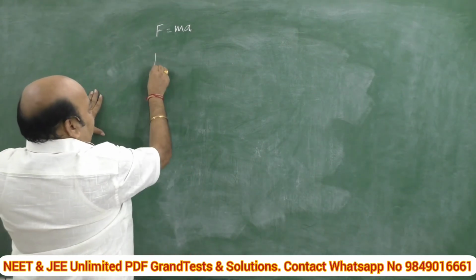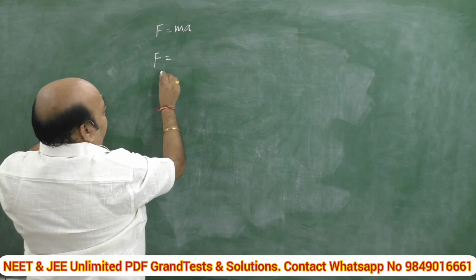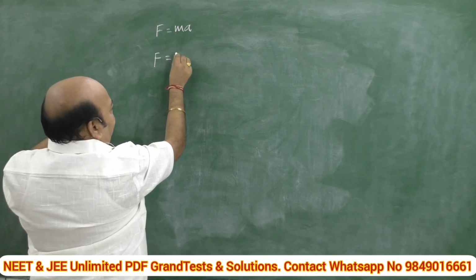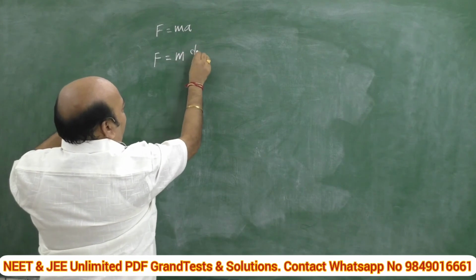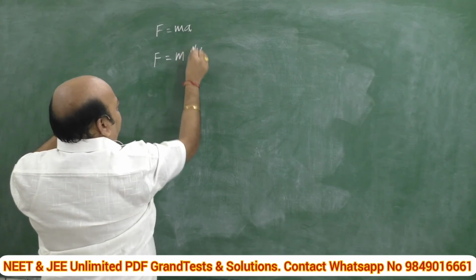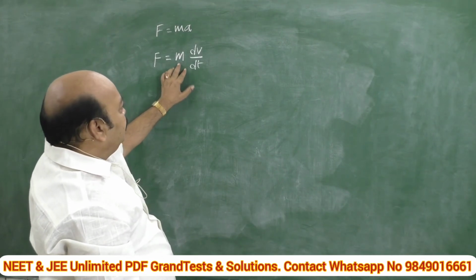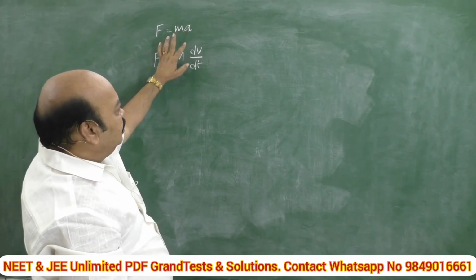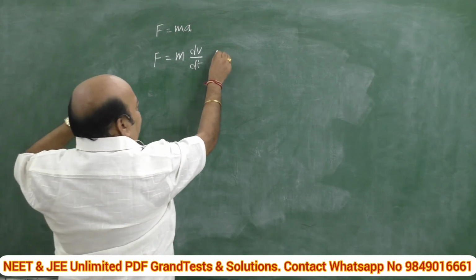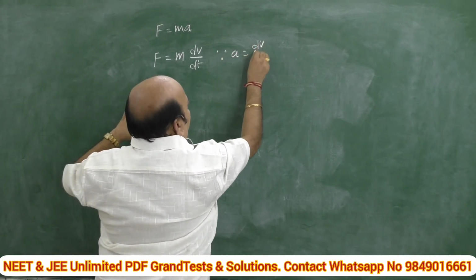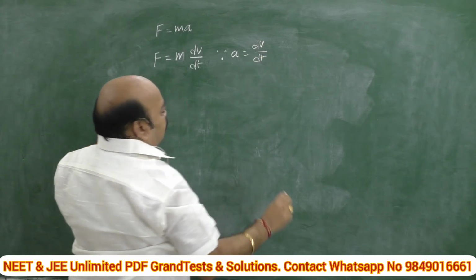Since mass is constant, till now we write the different forms of acceleration. Check it. F is equal to m into dv by dt, because from our early study we know acceleration is equal to rate of change of velocity.